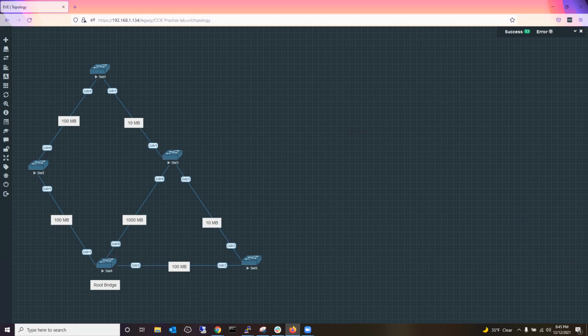So we know that the default priority is what? 32,768. Right. There you go. So all that's equal across all these switches. On top of that, let's say we're all doing this in VLAN number 1.